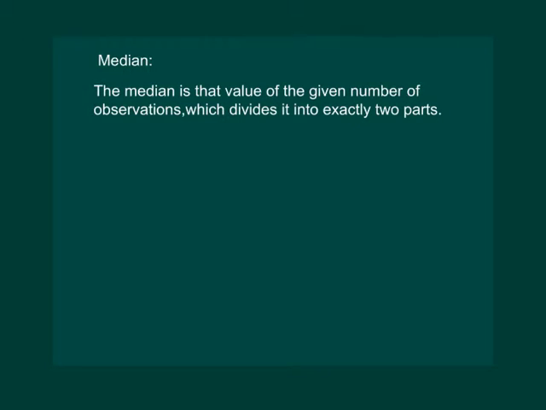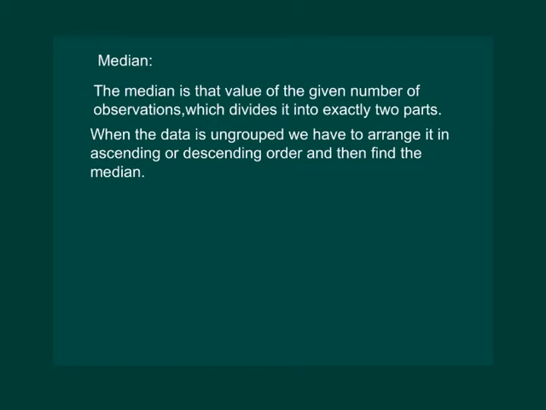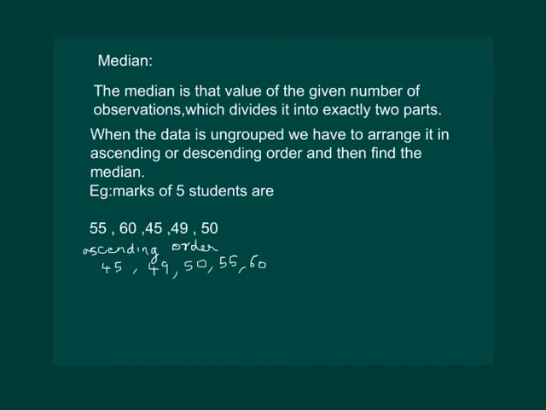We have already discussed that the median is that value of the given number of observations which divides it into exactly two parts. When the data is ungrouped, we have to arrange it in ascending or descending order and then find the median. For example, if the marks of 5 students are given to us, we will arrange it in ascending or descending order. Now let n denote the number of observations, which is 5 in this case.